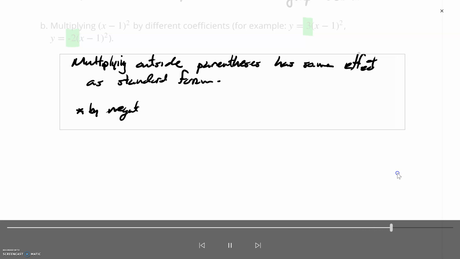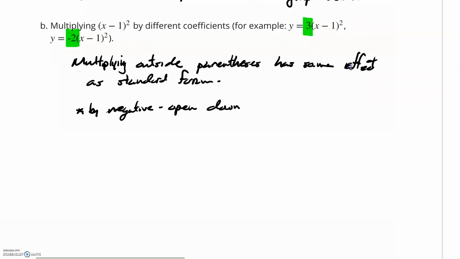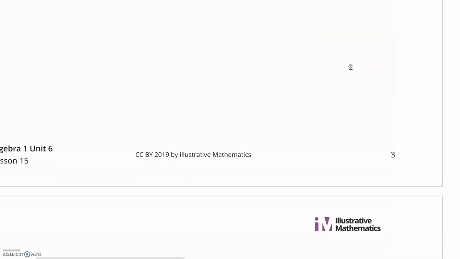If we multiply by a negative, it's going to cause my graph to open downward. Okay, so all of that same stuff happens when I multiply outside the parenthesis.